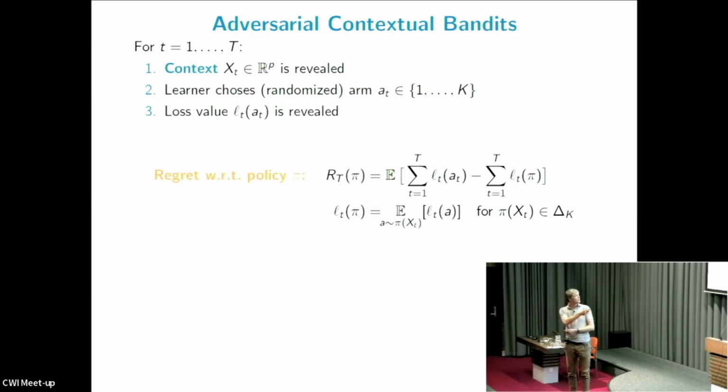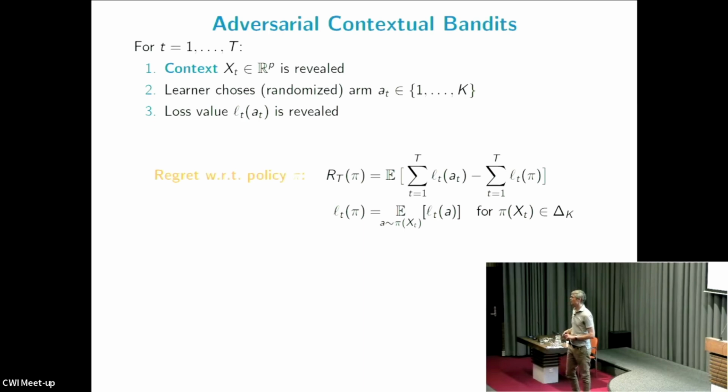And instead of competing with a fixed arm, we're now interested in measuring regret with respect to an arbitrary policy. A policy is a strategy for mapping a context to an arm, and it's allowed to randomize. So when I talk about the loss of a policy, that's the expected loss under the draw of an arm according to that policy. Right, so we're upgrading to context now.